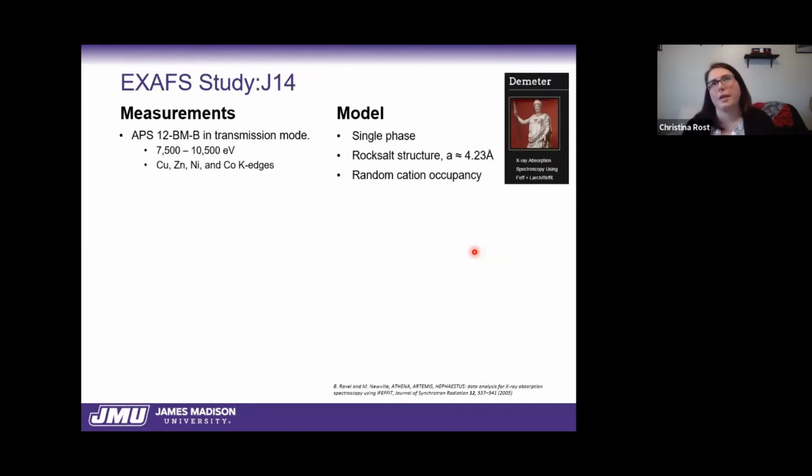So in our case, we wanted to do the EXAFS of the different elements in J14 and see what further information we can pull from this. This was done a couple years ago. Our measurements were done at APS 12BM in transmission mode, and we scanned across the first row transition metal elements, from 7,500 to 10.5 keV. We looked explicitly at the copper, zinc, nickel, and cobalt K edges.